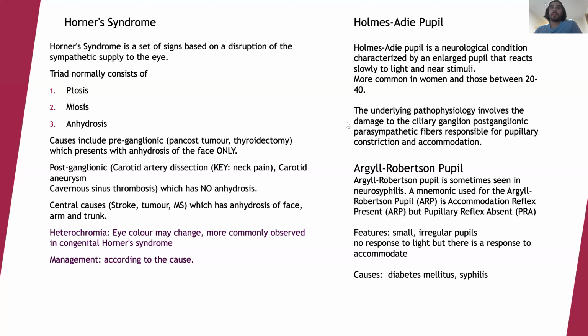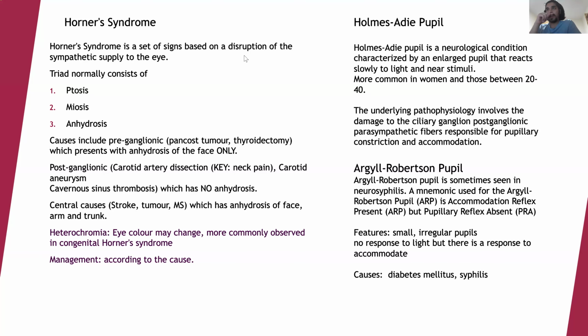Okay, and you've got a Holmes-Adie pupil. It's a neurological condition with a large pupil that reacts slowly to light, and it's most commonly seen in SBAs as a woman who's around 35 years old. The underlying pathophysiology you don't really need to know, to be honest.